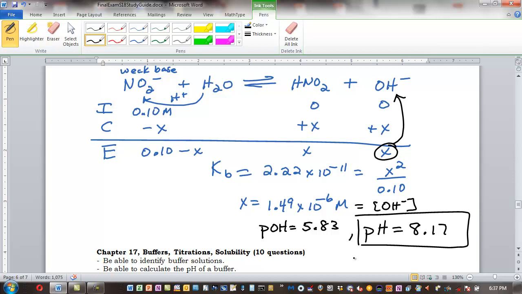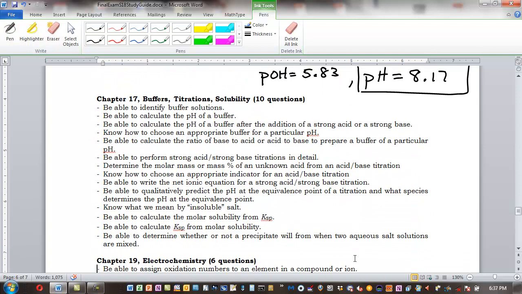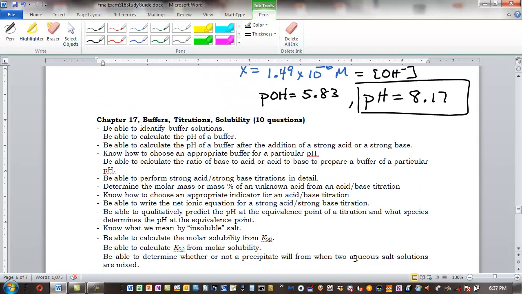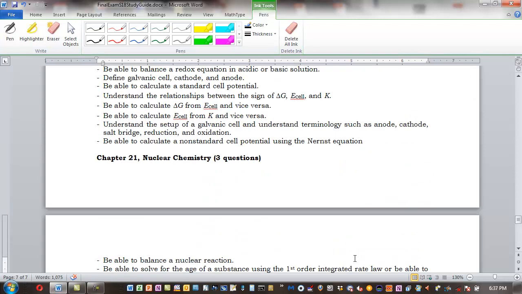No? Well, let's look at what we have for tomorrow night. I went through 2 chapters on Friday. We did 2 chapters tonight. We essentially have 2 full chapters left: buffers, titration, solubility, and the electrochem.